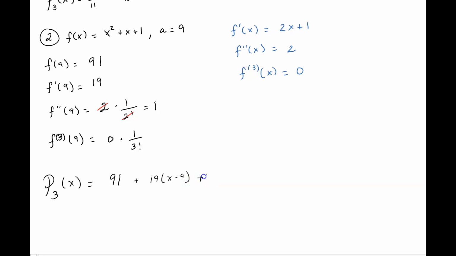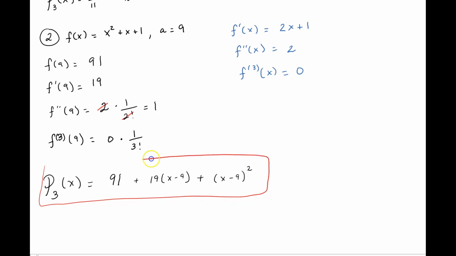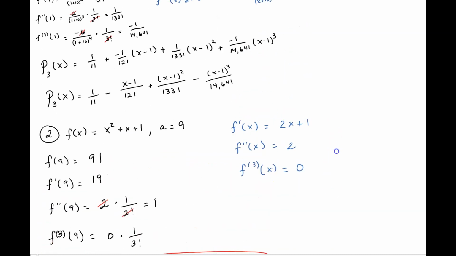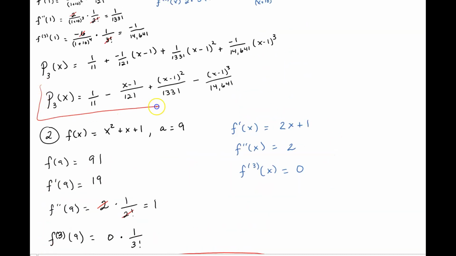Plus, and then we have 1, so we don't need to really write 1. We just multiply by x minus 9 quantity squared. And we've generated our Taylor polynomial right here. I think I forgot to box the Taylor polynomial over here. Let me go back and do that.